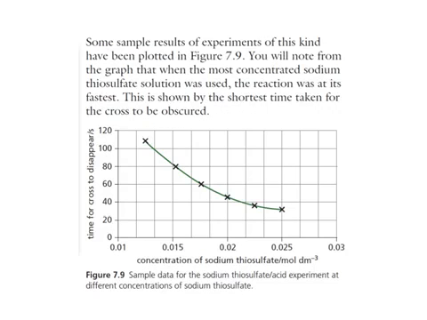Now this is a graph given over here, some sample results of an experiment of this kind that we talked about in the previous slide. You will note from the graph that when the most concentrated sodium thiosulfate was used, the reaction was at its fastest. That means the time was minimum. So the more the concentration of sodium thiosulfate, the less time required.